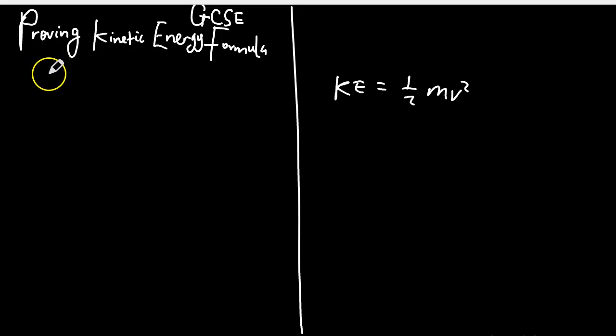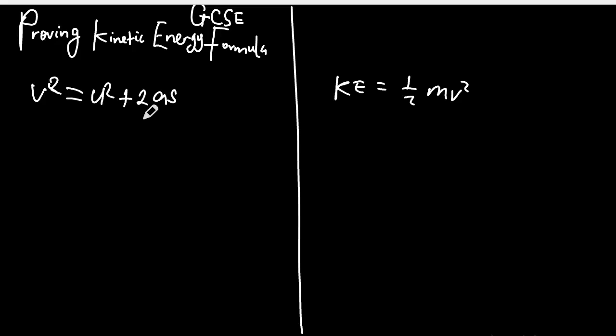You remember the third equation of motion? Usually it is v squared is equal to u squared plus 2as.